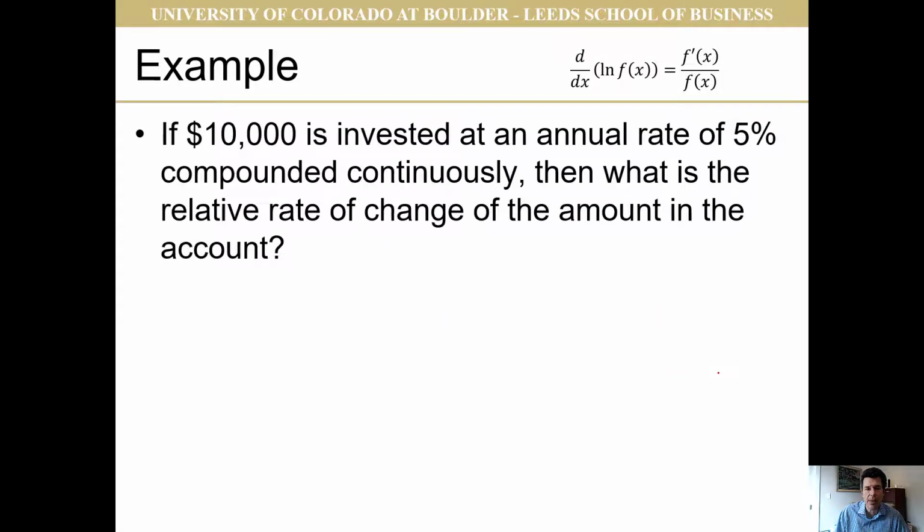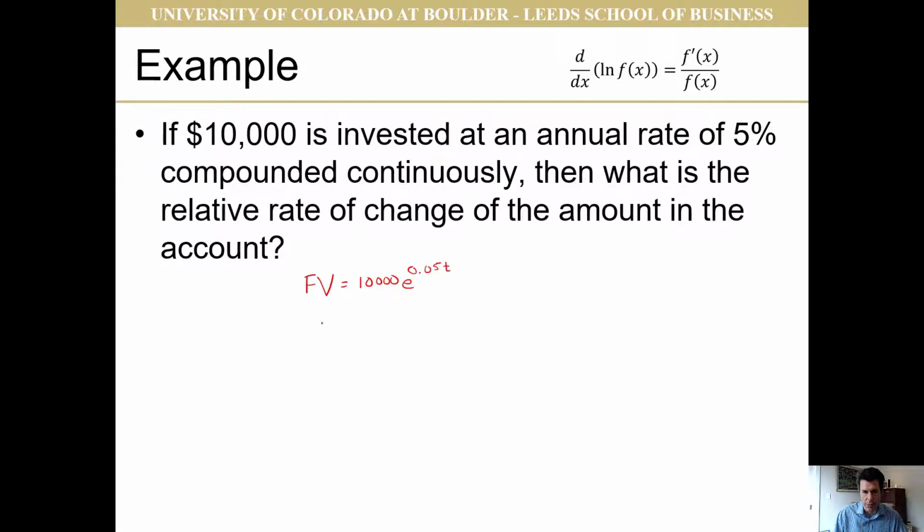Okay, if $10,000 is invested at an annual rate of 5%, continuously compounded, then what is the relative rate of change of the amount in the account? Well, the amount in the account, the future value, is 10,000 e to the 0.05 t.